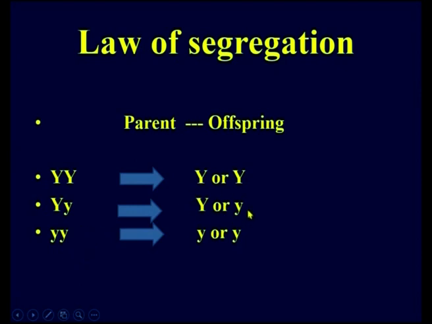In heterozygous nature, here the F1 plants that we referred to previously, the gamete can get either capital Y or its recessive allele, small y. So here in heterozygous condition, these two did not mix up to produce some other trait. They maintained their distinct nature and go separately into gametes. This is called the law of segregation.